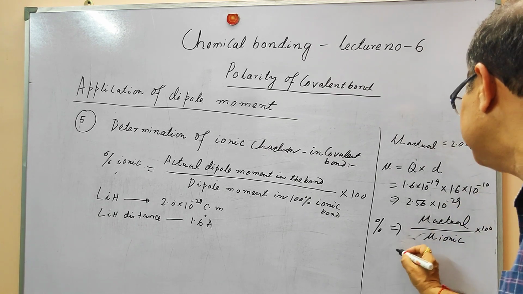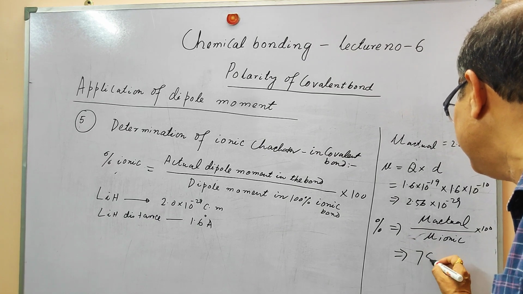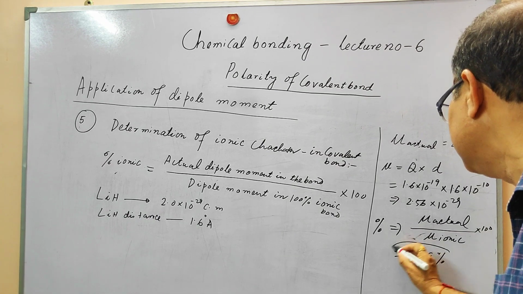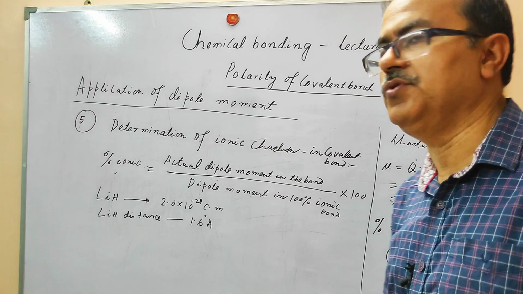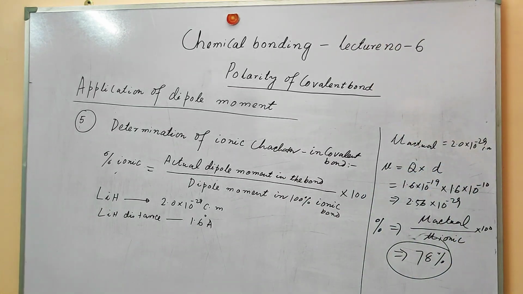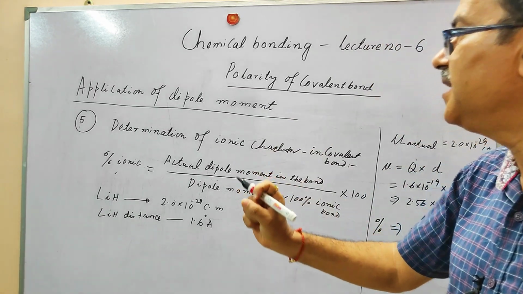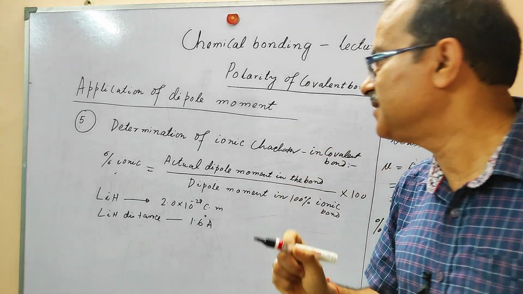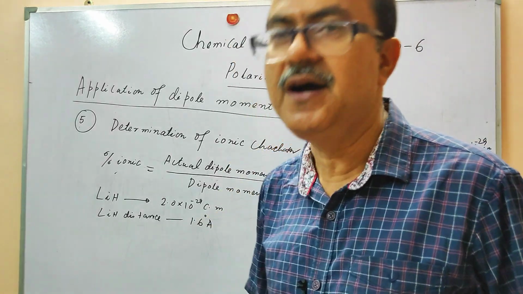If we put in all these values, we find it comes to around 78%. So dipole moment is a very important tool. From this we can calculate the percentage ionic character in the covalent bond.